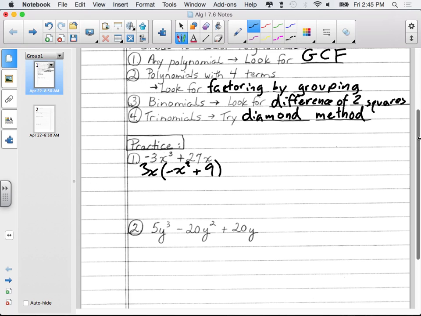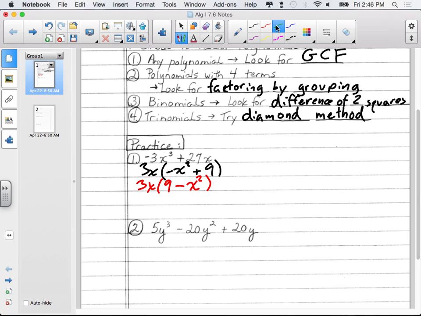Right now, negative x squared plus 9 doesn't look like a difference of 2 squares this way, but if we flip-flop them, it would be 9 minus x squared. Is that a difference of 2 squares? Yes, sure is.